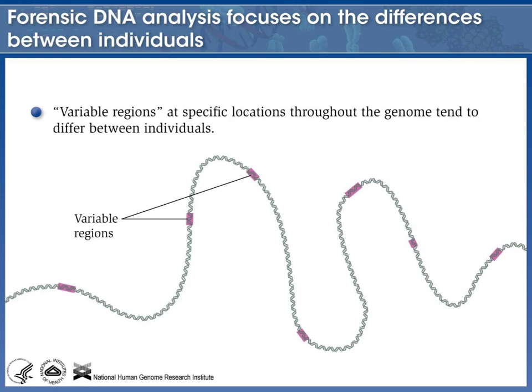There are only certain regions that are variable among individuals. Now, of course, individuals have different alleles, right? So that's one variation. But there's these regions that don't necessarily code for anything that are very variable. And they're called short tandem repeats.